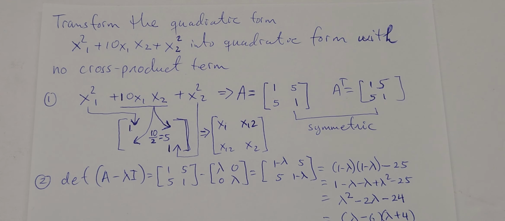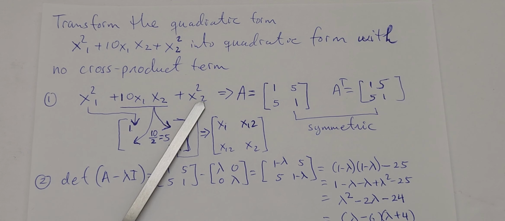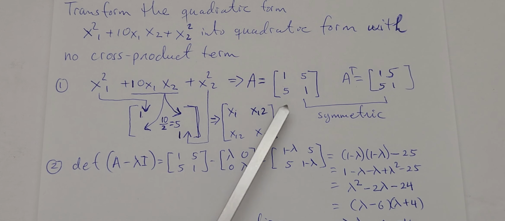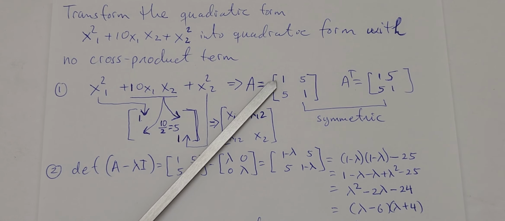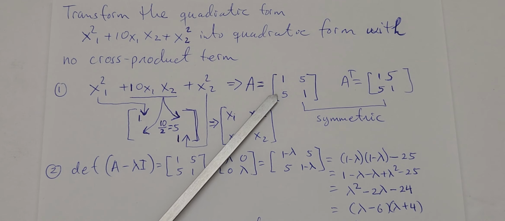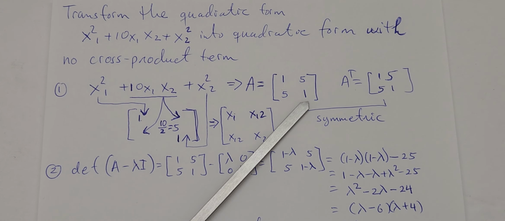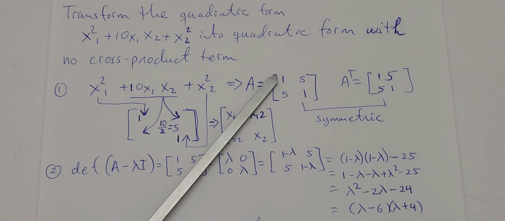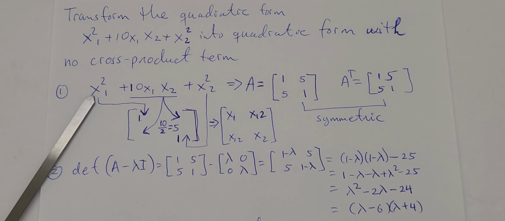Okay, so one more time. This equation is rewritten in this matrix 2 by 2, where this is x1, this is x1x2, this is also x1x2, and this is x2. The 1 is because the coefficient is 1.